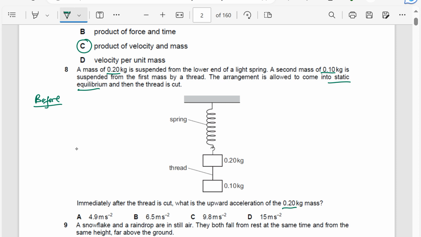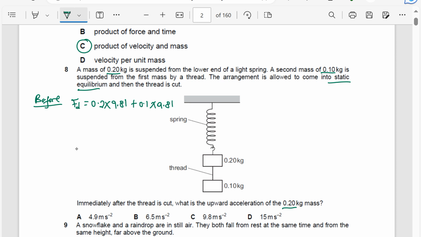Before the thread is cut, the force downwards is going to be 0.2 times 9.81 plus, for the other one, 0.1 times 9.81.